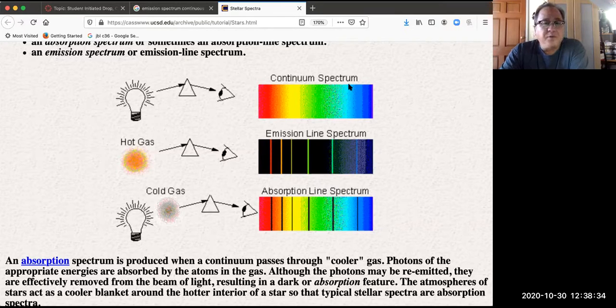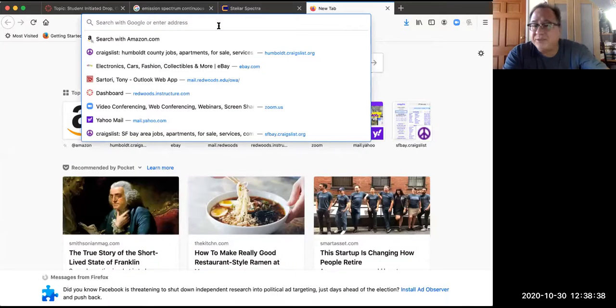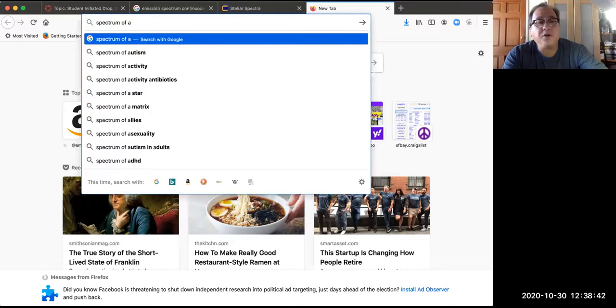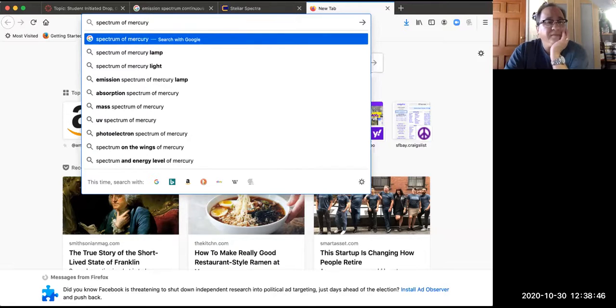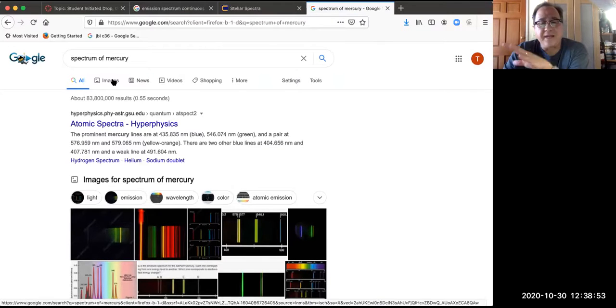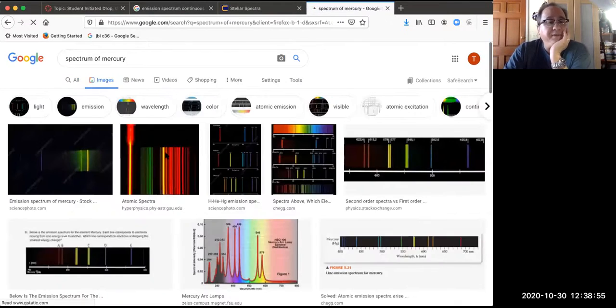Now, I'm going to pull up another image and look up the spectrum of mercury. Okay, I'm going to look at images here, and get a nice image of a mercury lamp.